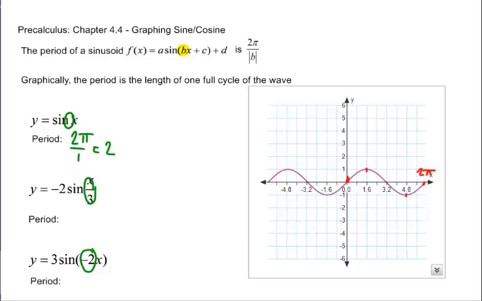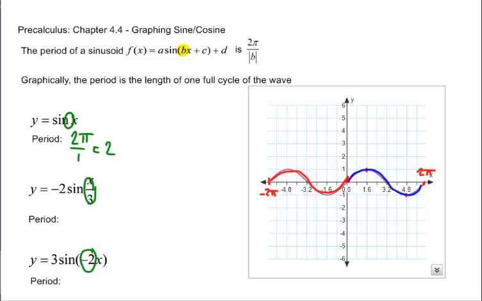So how many periods of this graph do we see here? Well, we see 2 of them, because I go from negative 2 pi, complete one full period, and then I'll start a second one.